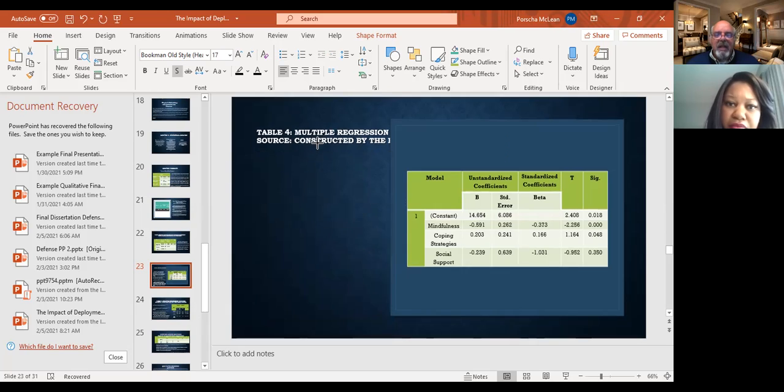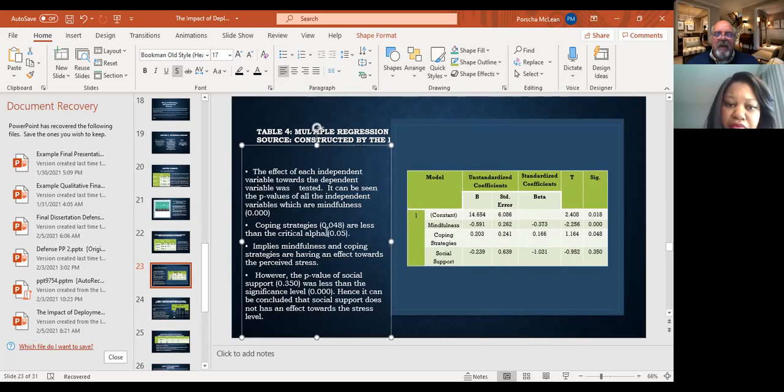The next one is the effect of each independent variable towards the dependent variable was tested. It can be seen, the p-values of the independent variables, which are mindfulness. So inside the parentheses, put p is less than 0.001.